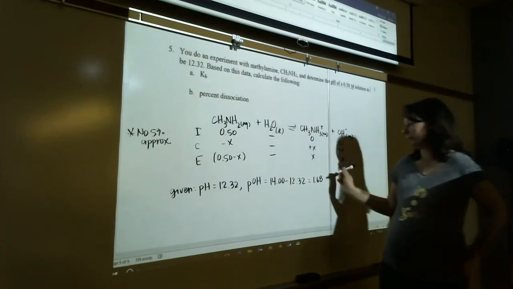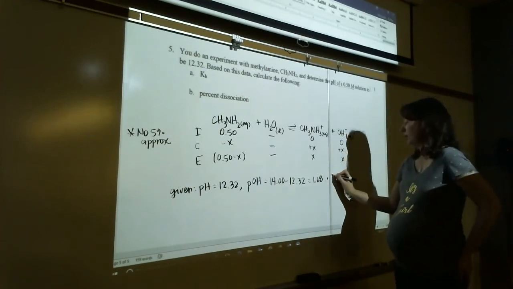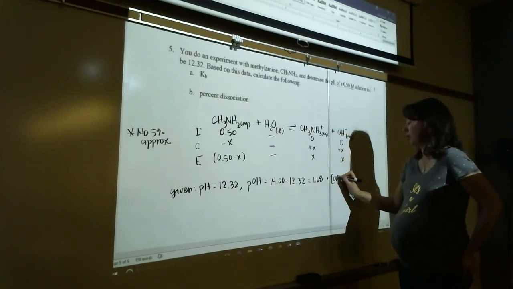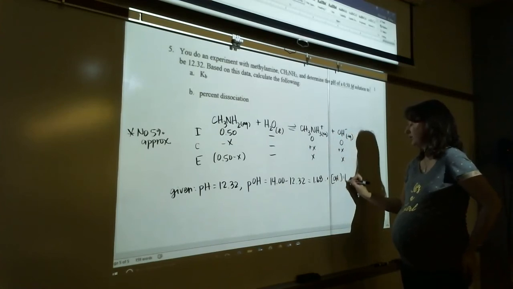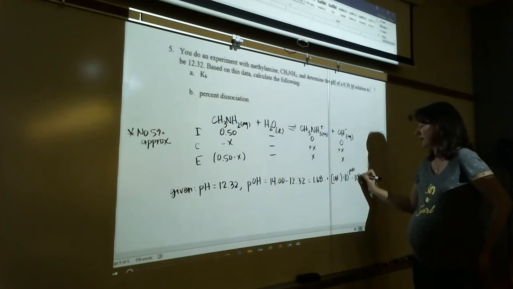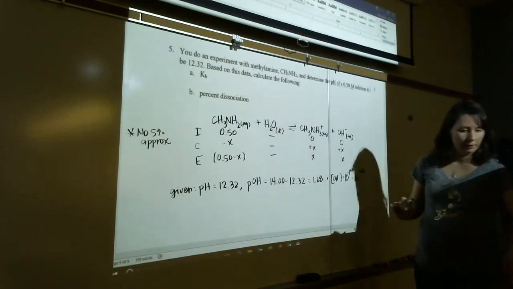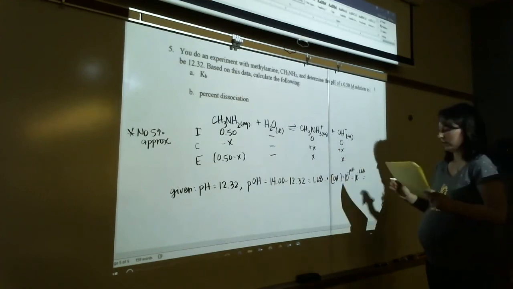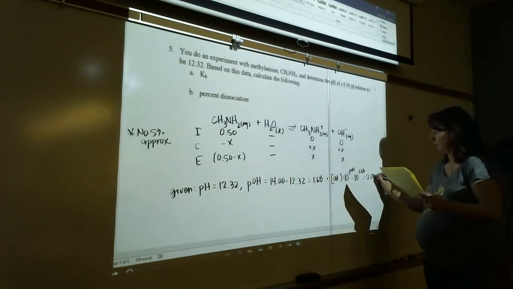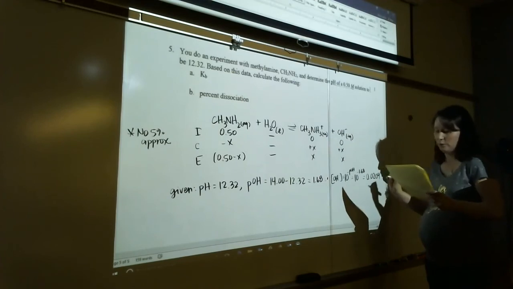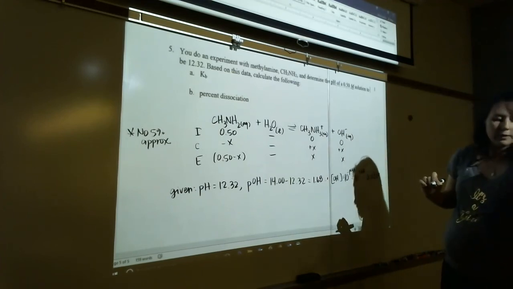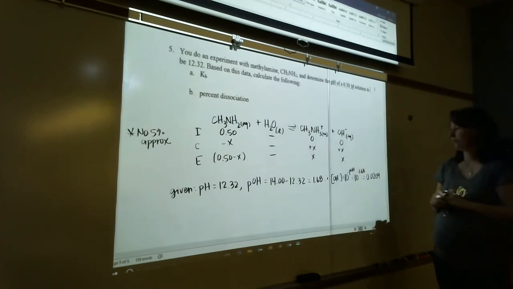And if you know the pOH, can you get hydroxide ion? Yeah, right? So concentration of OH minus is just 10 to the negative pOH. So that's 10 to the negative 1.68. So when I did the math, that comes out to be 0.0209 is what I got. Do we agree?